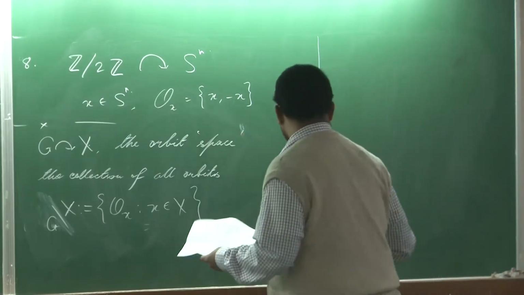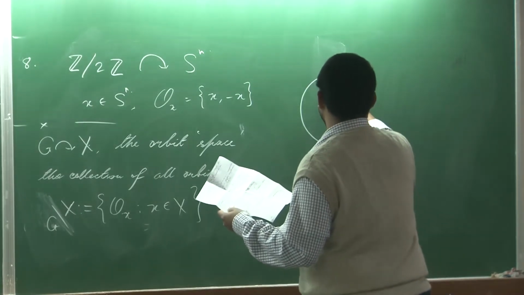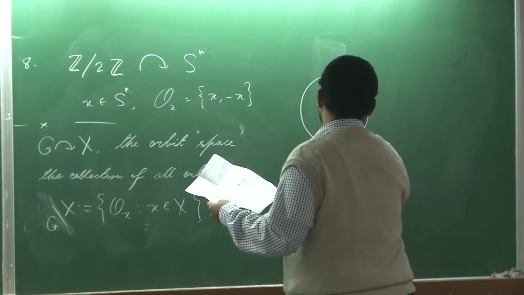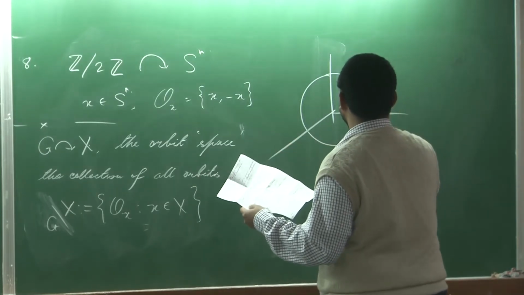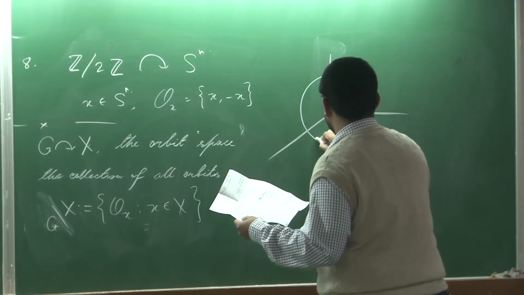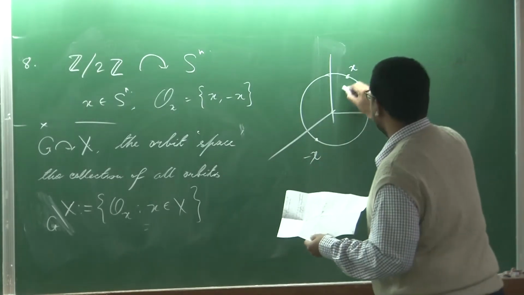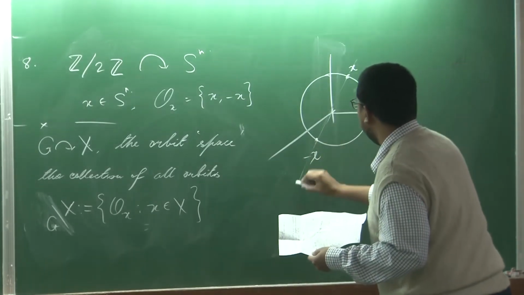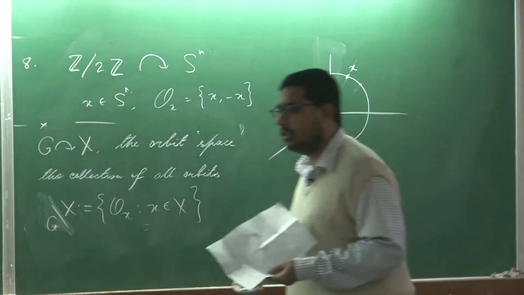Geometrically, let this be the n dimensional sphere. If x is here, then another point in its orbit is minus x. So x and minus x are diametrically opposite points.